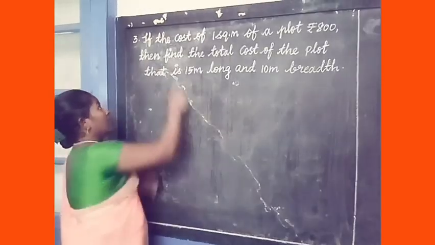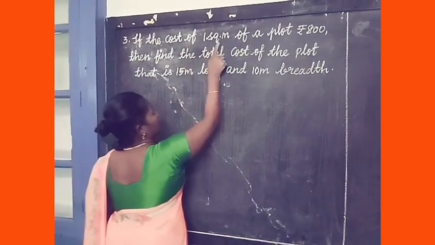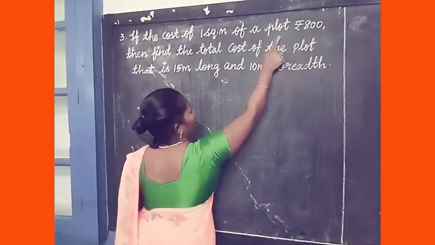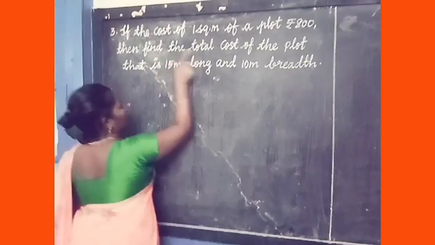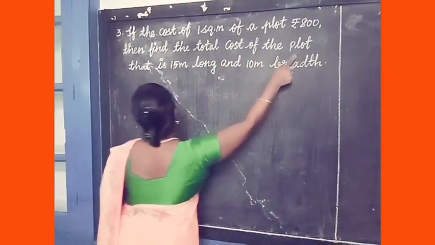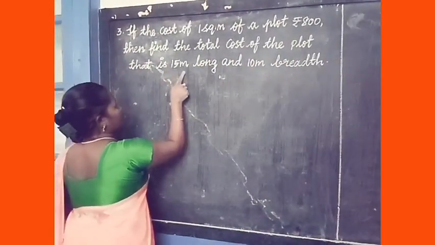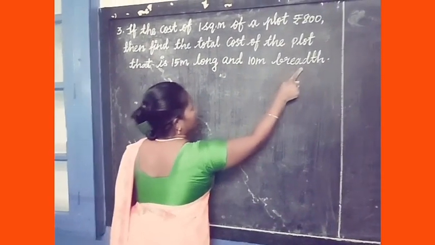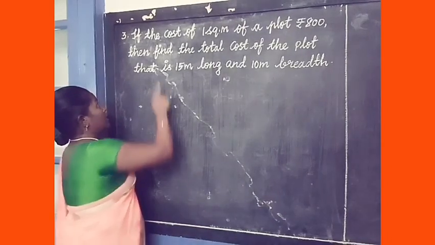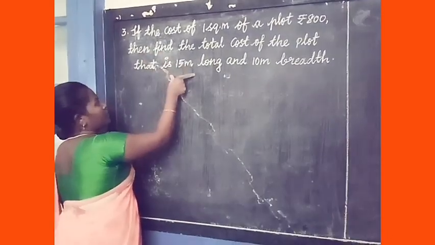Next sum. If the cost of 1 square meter of a plot is rupees 800, then find the total cost of the plot that is 15 meter long and 10 meter breadth. In this question, children, what is the meaning of the question?